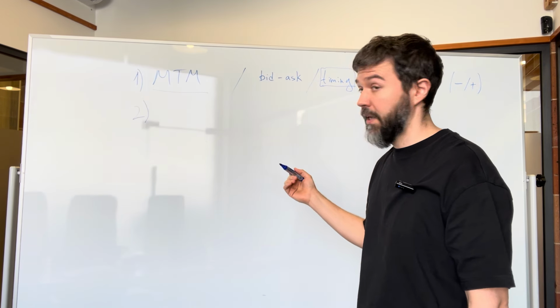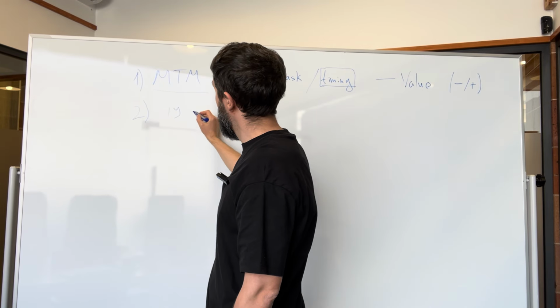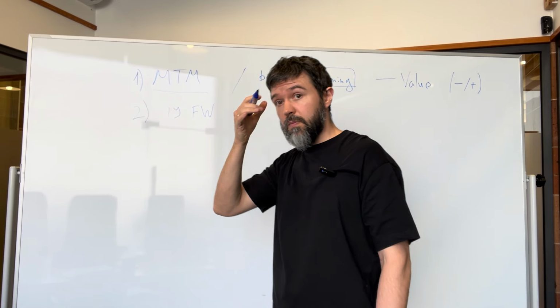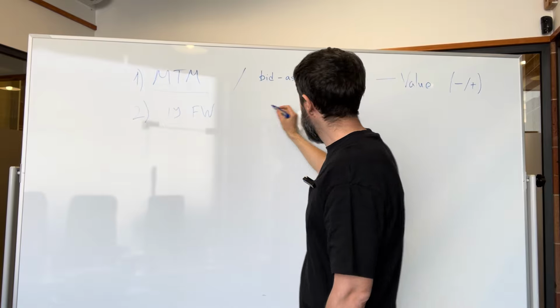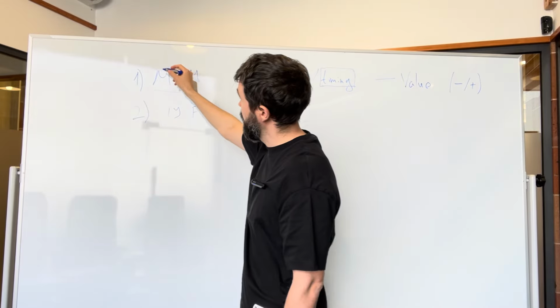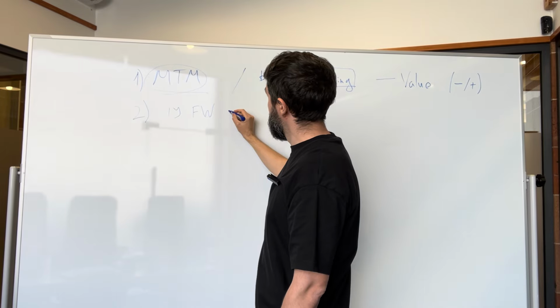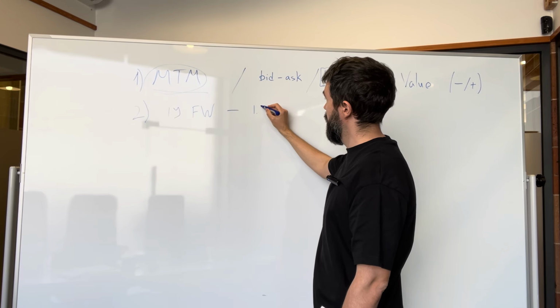So I take a 1 year contract, and I have the forward rate on that contract from the mark-to-market report. So I know it. For example, it's 1.2.